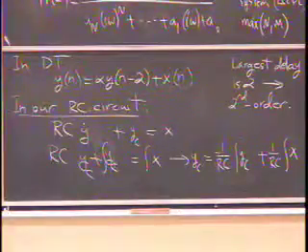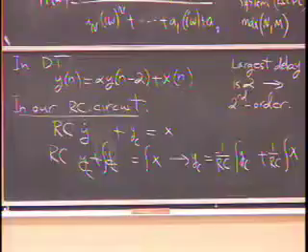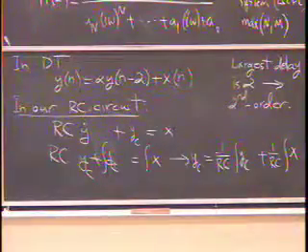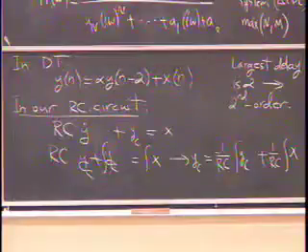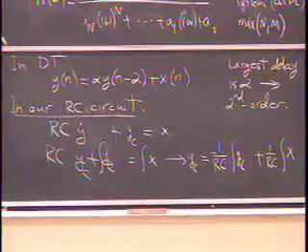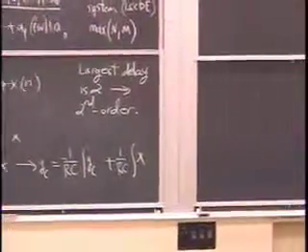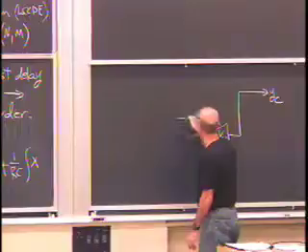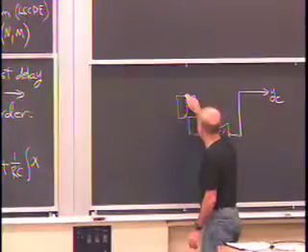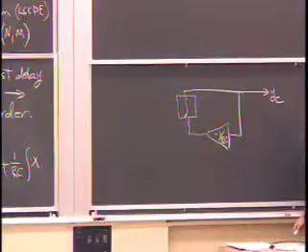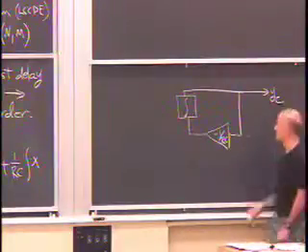y(t) equals integral y times minus 1 over RC, and then integrate it. Okay?